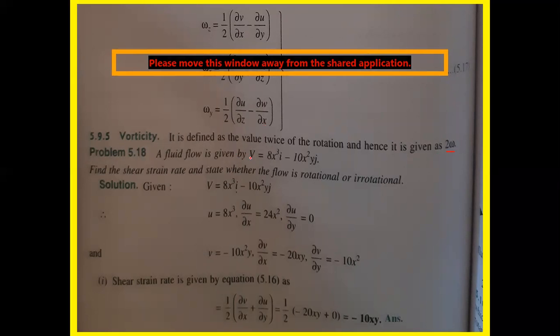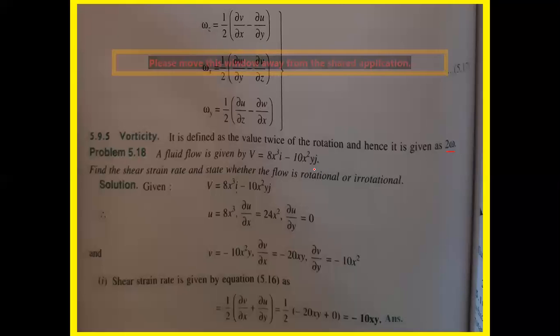A fluid flow is given by v is equal to 8x cube i minus 10x square y j. Find the shear strain rate. State whether the flow is rotational or irrotational. So what is the u you are taking? The u is 8x cube.